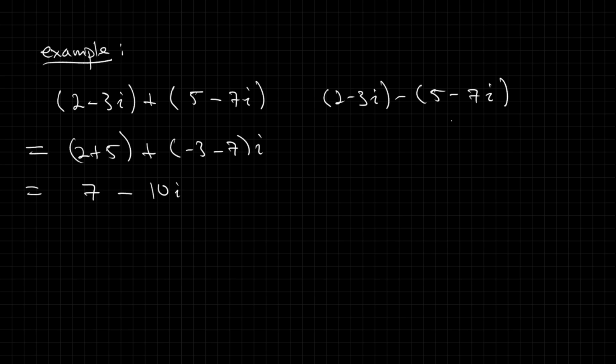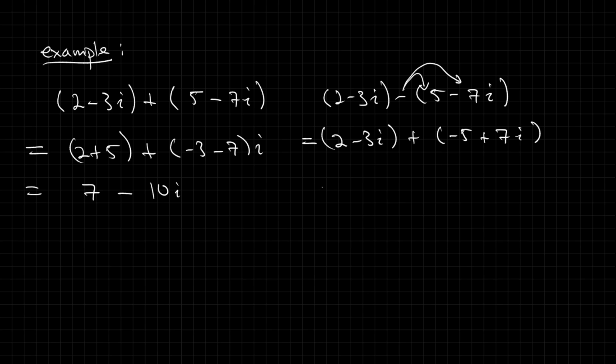Now to do the subtraction, we'll do something almost exactly the same, except first we'll have to take this negative and distribute it. So we'll rewrite this as 2 minus 3i plus negative 5 plus 7i.